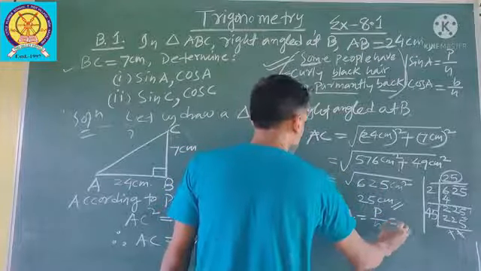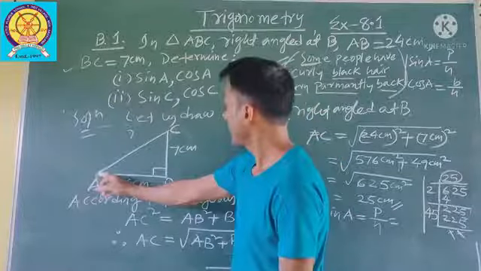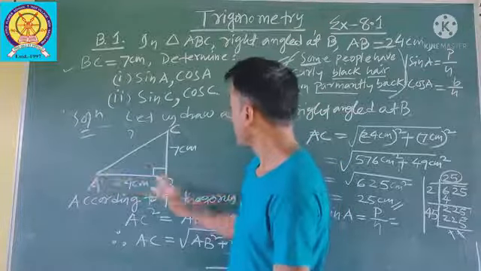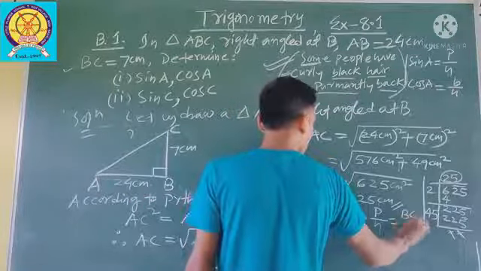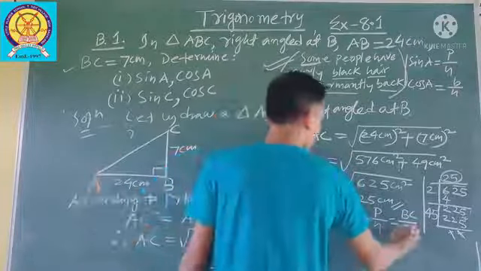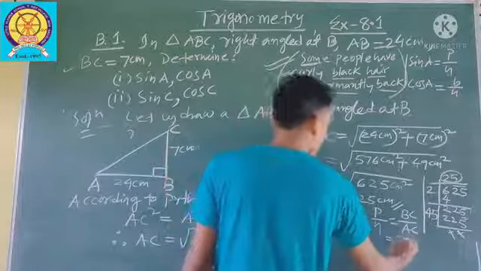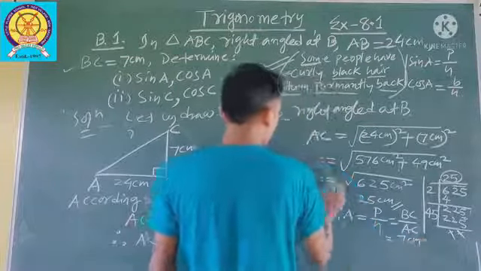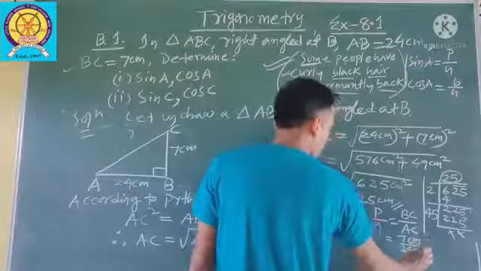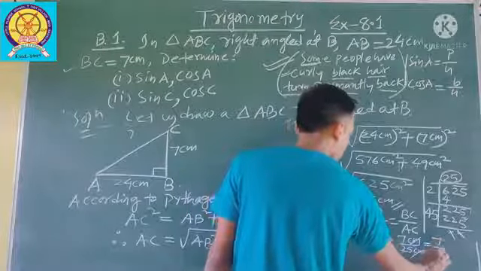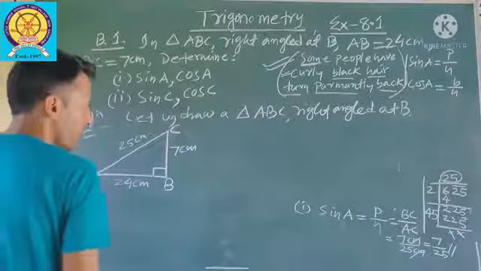So sin A is perpendicular by hypotenuse. What is your perpendicular here with respect to angle A? Angle A opposite side is BC, so it is called perpendicular. Hypotenuse is AC. BC we have 7 cm, AC we get 25 cm. The cm cancel, so it is 7 by 25. So sin A value is 7 by 25.